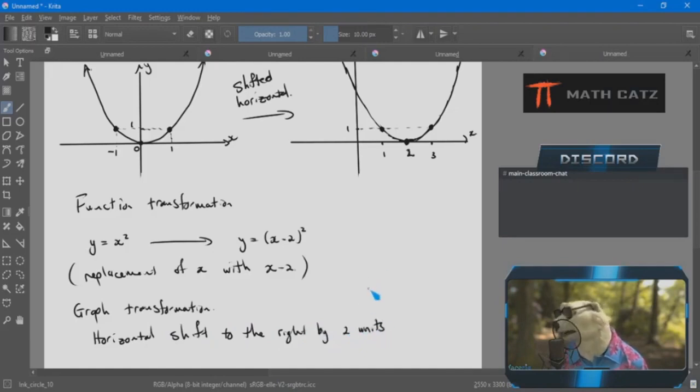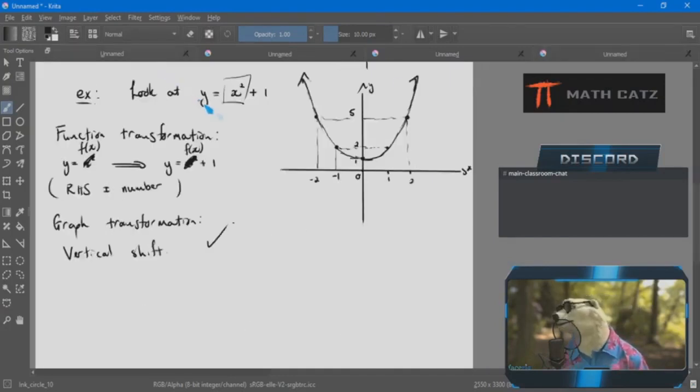So a couple of things here. It's maybe counterintuitive for some that even though it was a subtraction, x minus 2, I shifted to the right. I shifted in the positive x direction. I just have to make a mental note that it's opposite to what I might think.